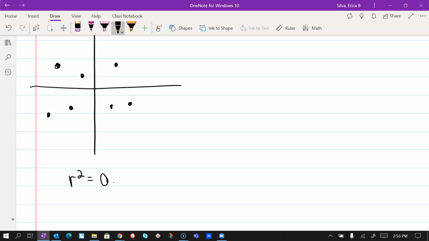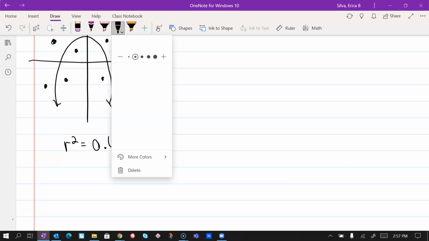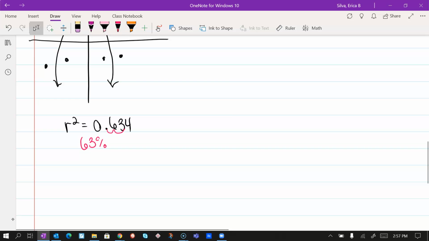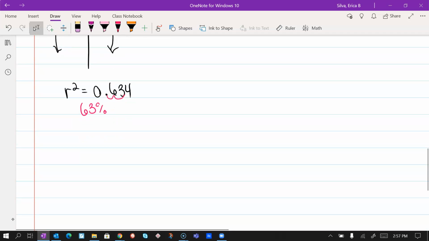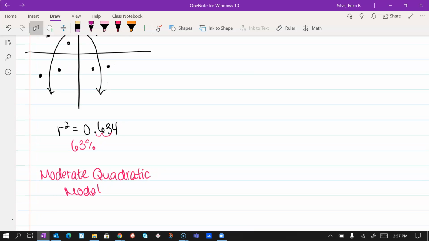This one is 0.634, which means that if we multiply this by 100, we're basically moving the decimal place twice, and that gives us 63%. Now with 63%, it's not the greatest type of model, but it's pretty moderate. We might be able to use it. So I would call this a moderate quadratic model, not too reliable. But I mean, if we need to use it, we would be able to.